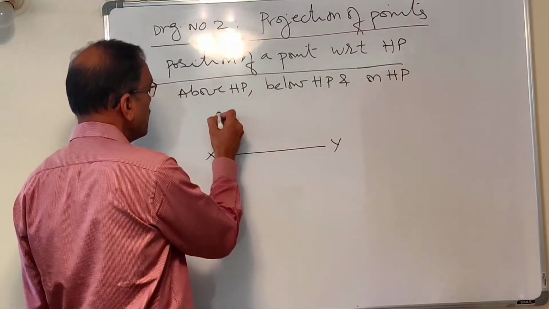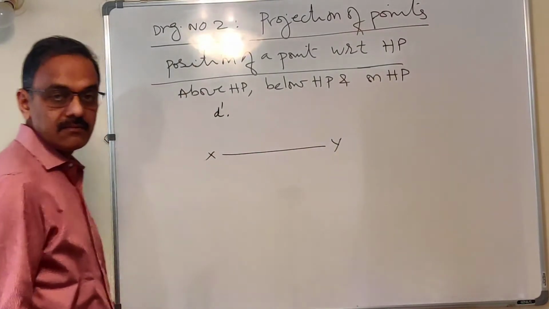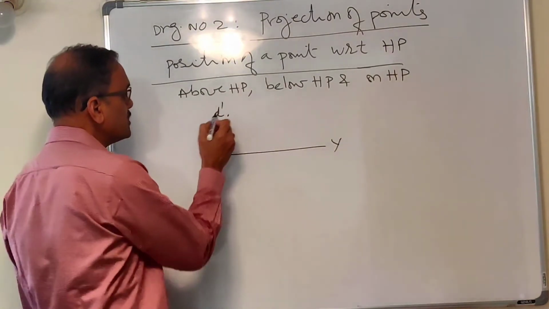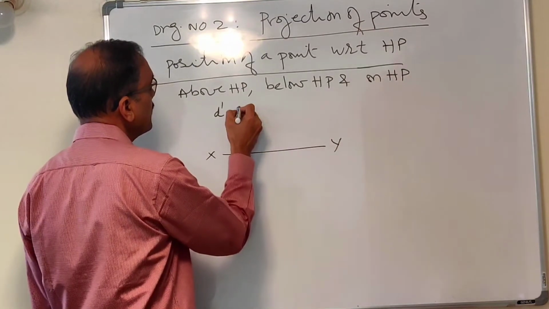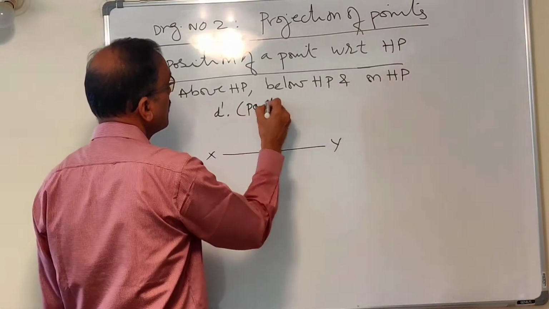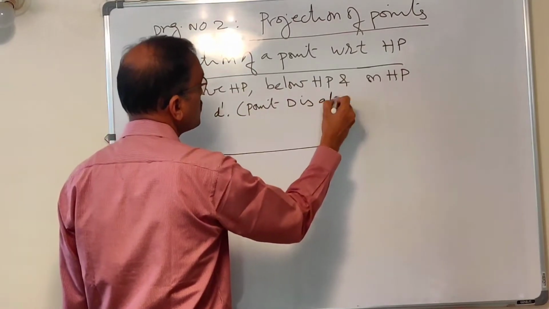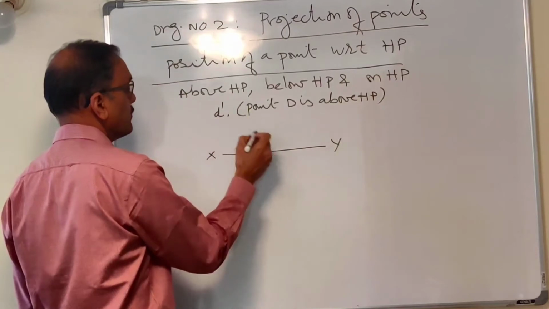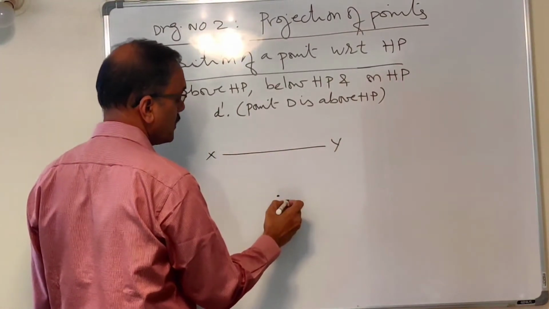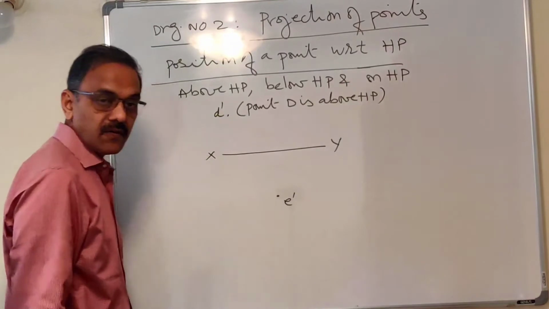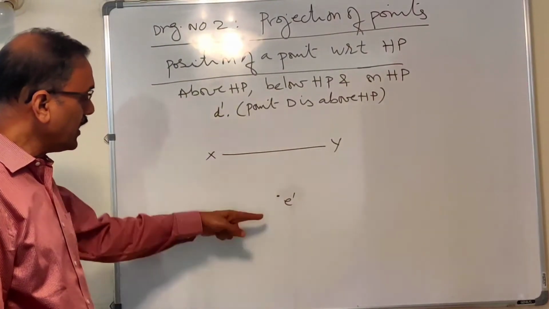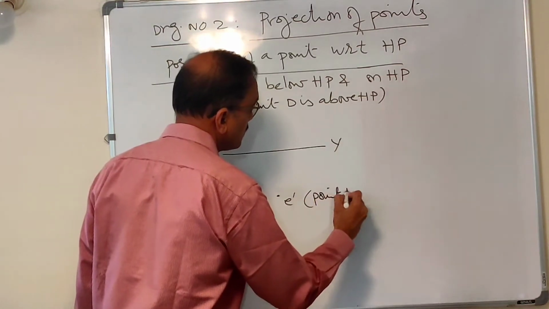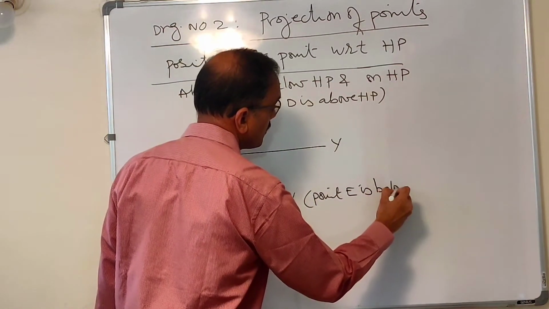Let us say D dash. What is D dash? It is the front view of point D. So if this is the point, I say point D is above HP. Similarly, if I put some point here and write E dash, it is the front view of the point E, and you find it below XY. So I say point E is below HP.